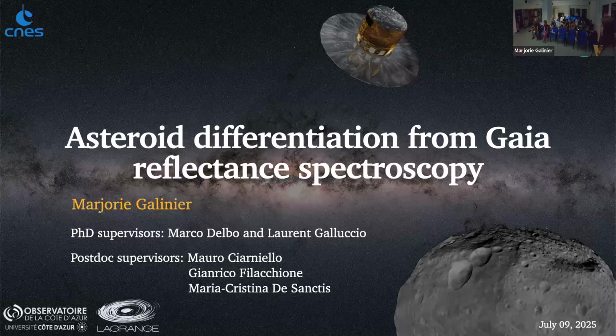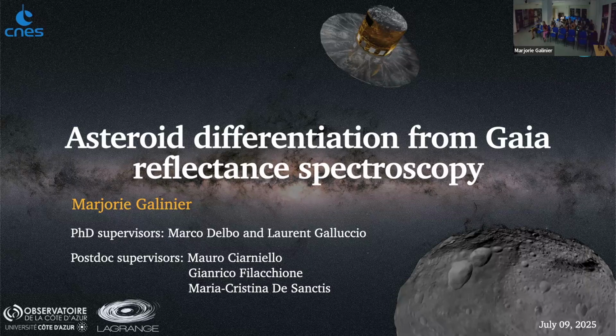So, thanks, everyone. Just a few words to welcome Marjorie today. She's a postdoc researcher at IAPS since 2 months now. And she's an astrophysicist with a master's in astronomy, astrophysics, and planetary science. Her main expertise is the study of small bodies through reflectance spectroscopy.